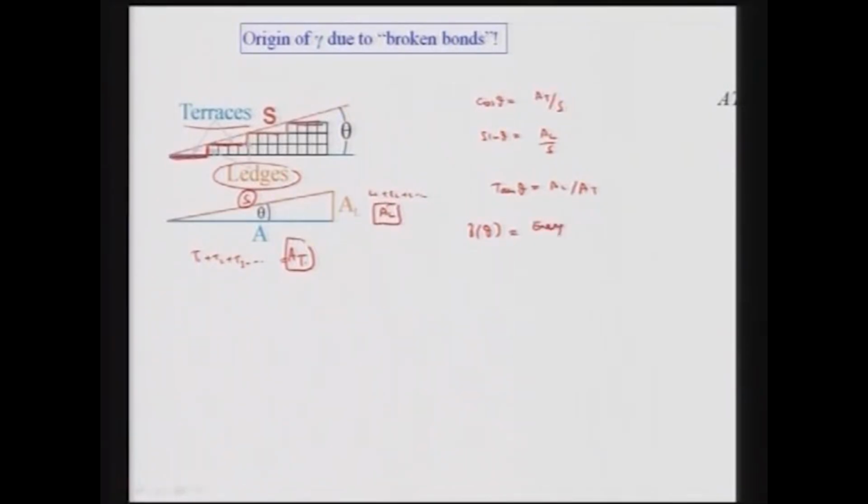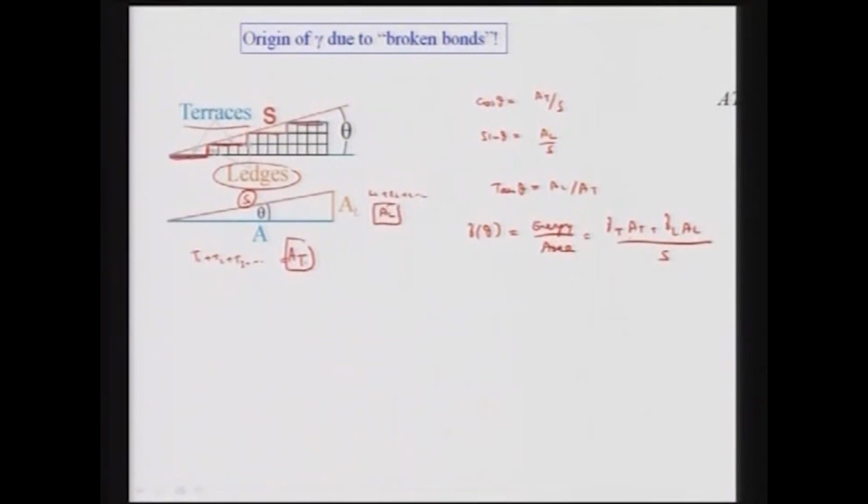So the origin of gamma is arising because of the total energy per unit area, surface tension given by energy per unit area, which is equal to gamma T AT plus gamma L AL divided by the total length.